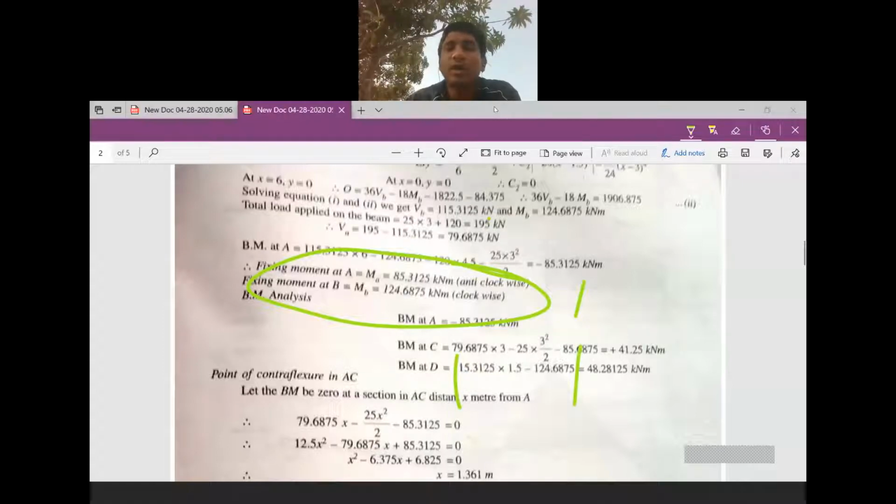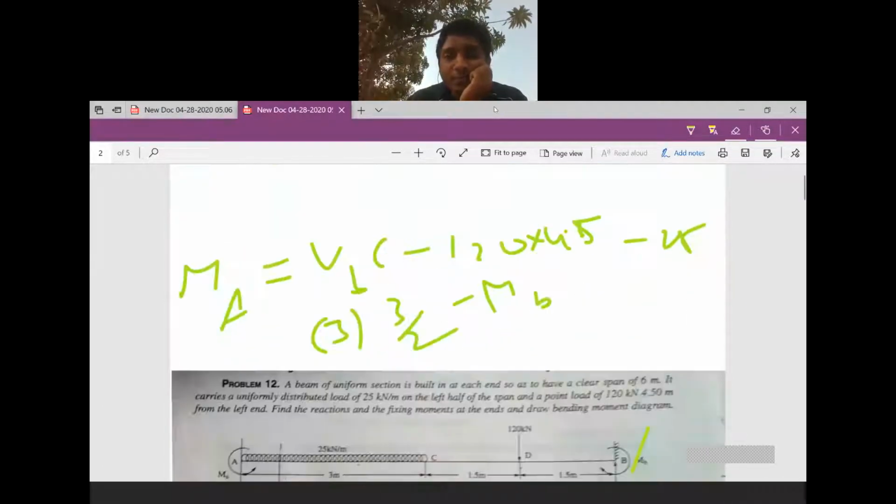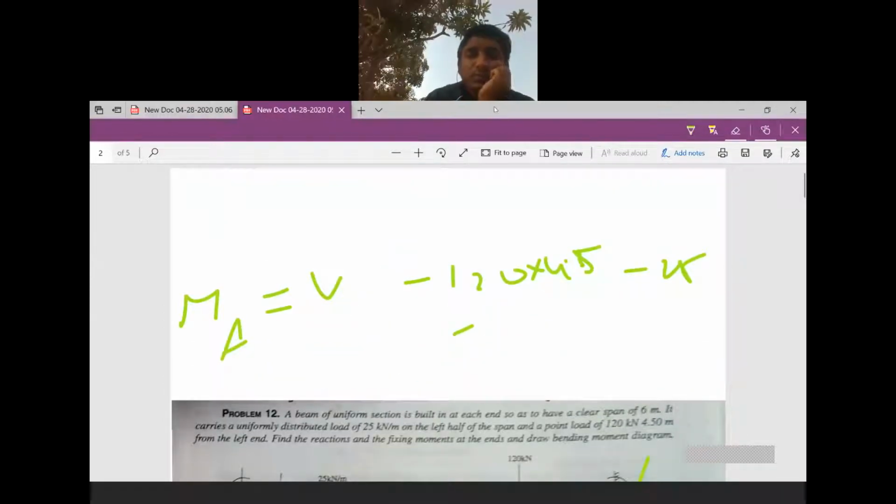When you go to the diagram, you will get the bending moment at A. Already you have a value. You have to calculate bending moment at C. To calculate at C, either you can calculate from the left side or the right side.